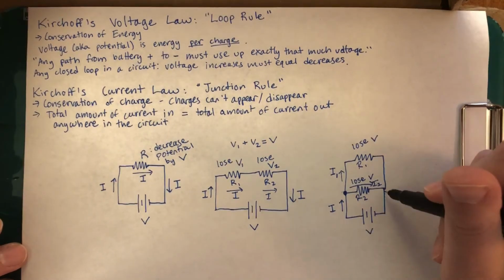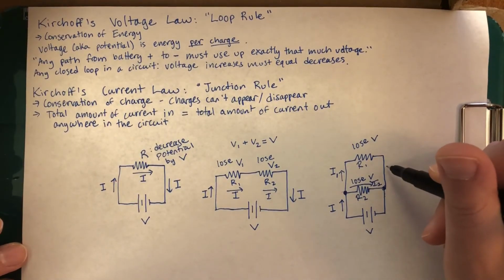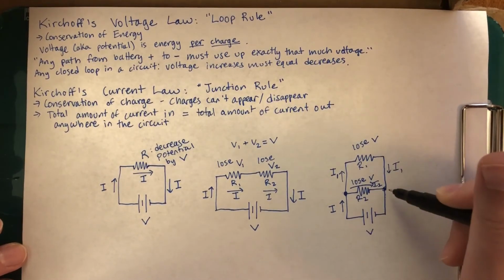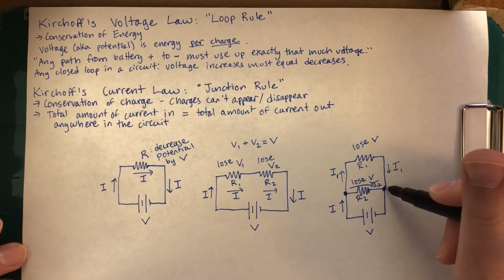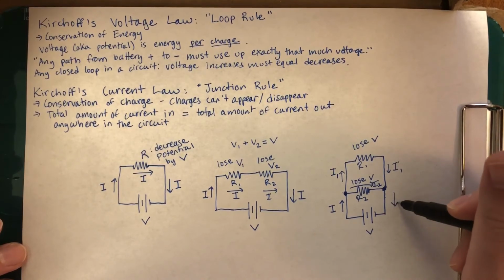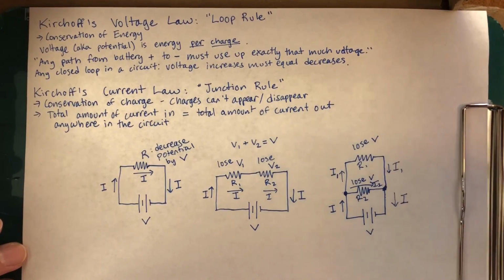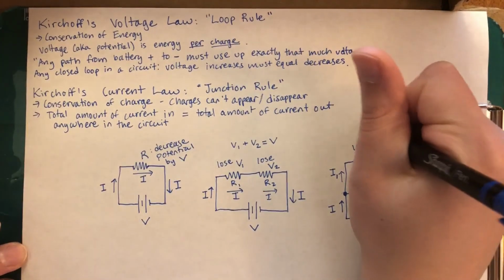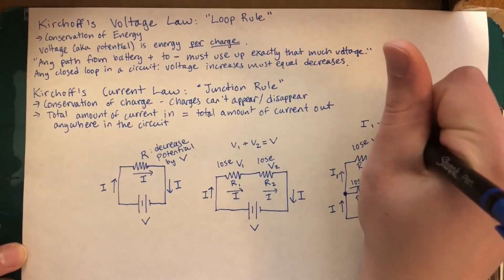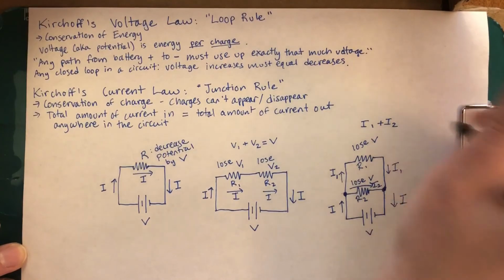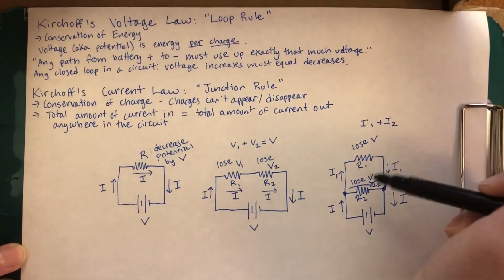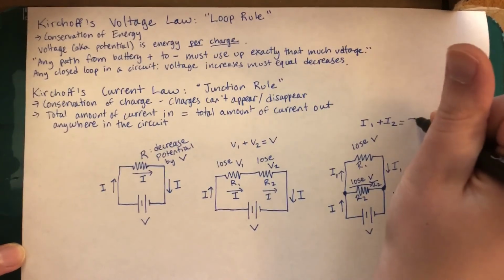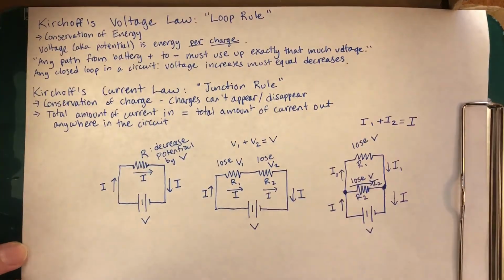And then when they join back up, they'll both be kind of rejoining, and they will again come back to the same amount of original current. Since our original amount of current is being sort of shared or split up between two parts, we know that those two parts must add up to the original current.